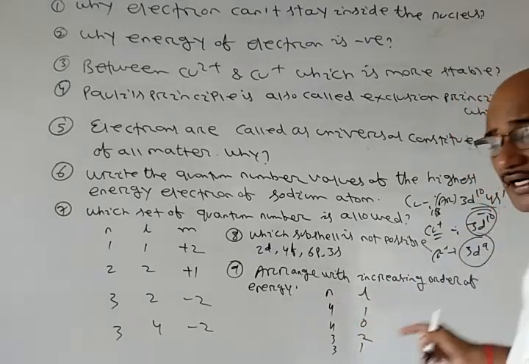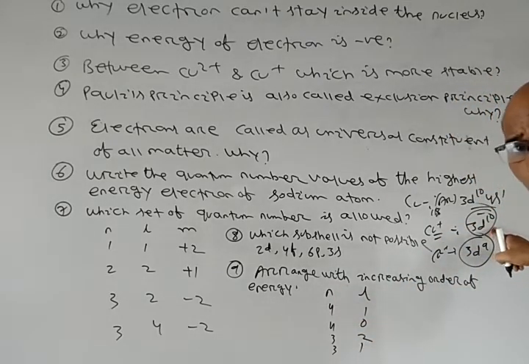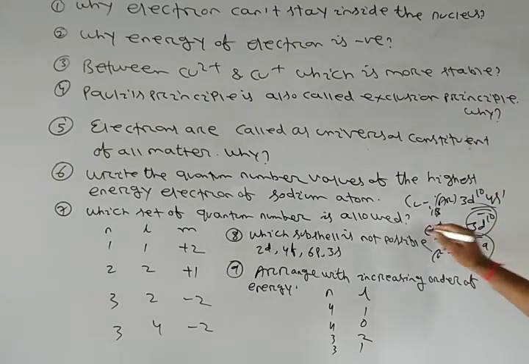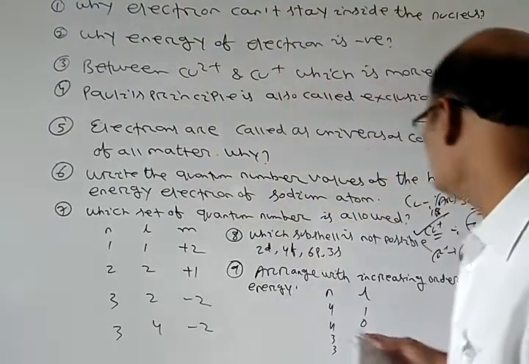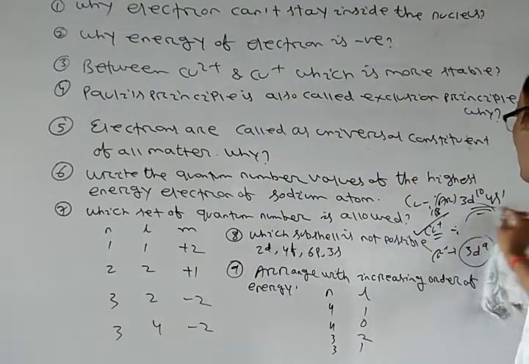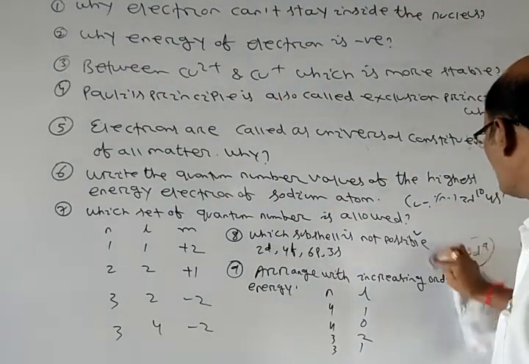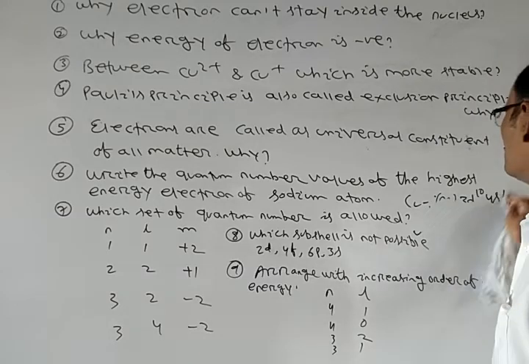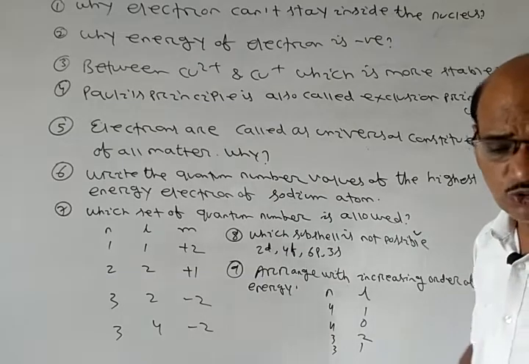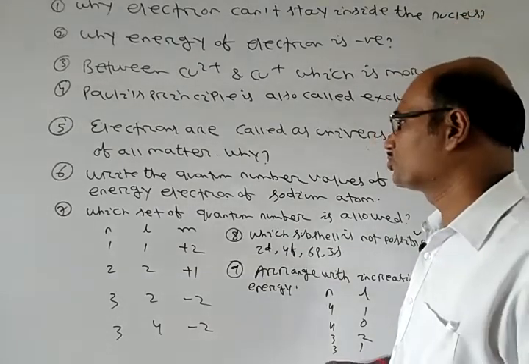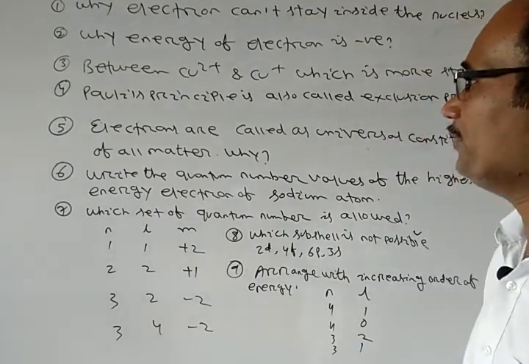So 3d10 is a fully filled configuration, which is more stable compared to 3d9. Therefore, Cu+ is more stable than Cu2+. Those having a stable electronic configuration will be more stable. Because in Cu+ we have 3d10, but in Cu2+ we have 3d9. So Cu+ is more stable.